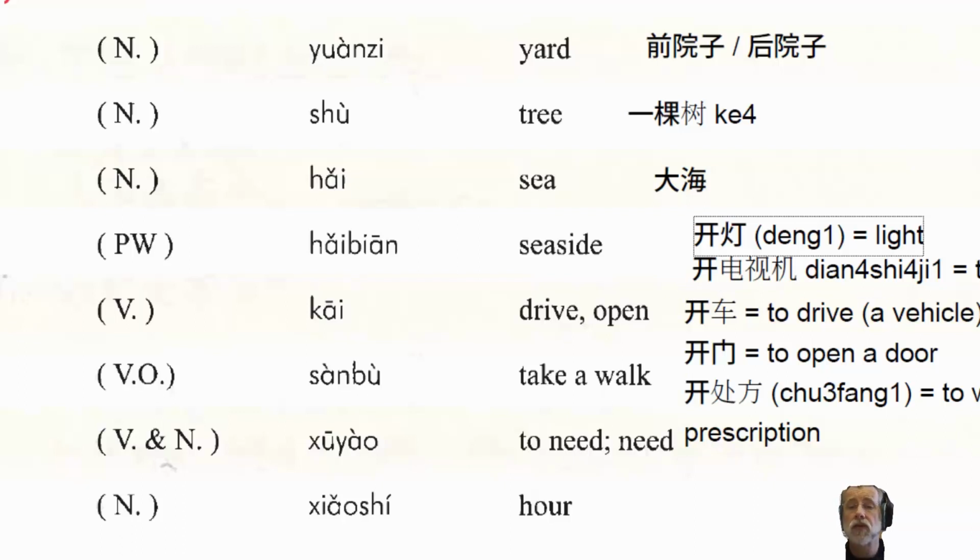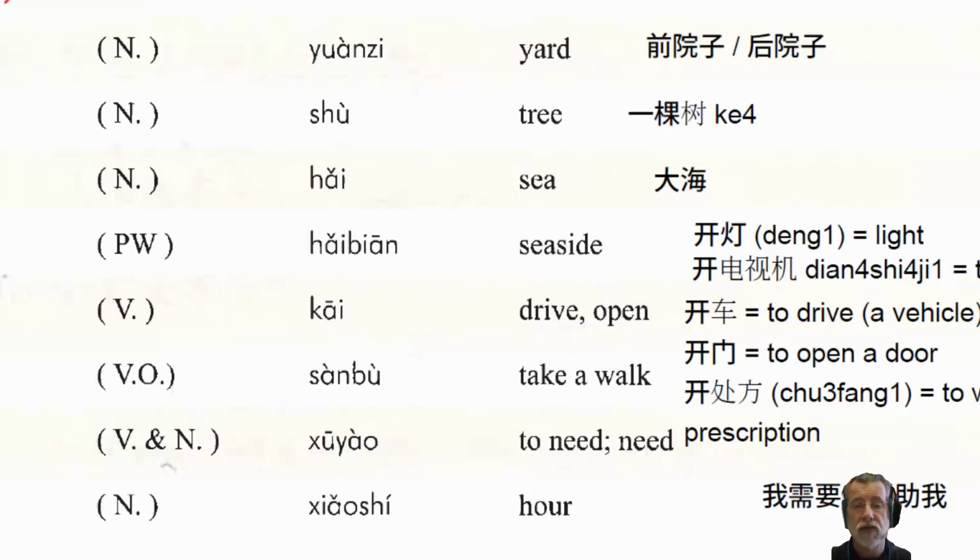This next one, 需要, as it says here, can be both a verb and a noun. So you could say, for example, 我需要你帮助我. I need you to help me.